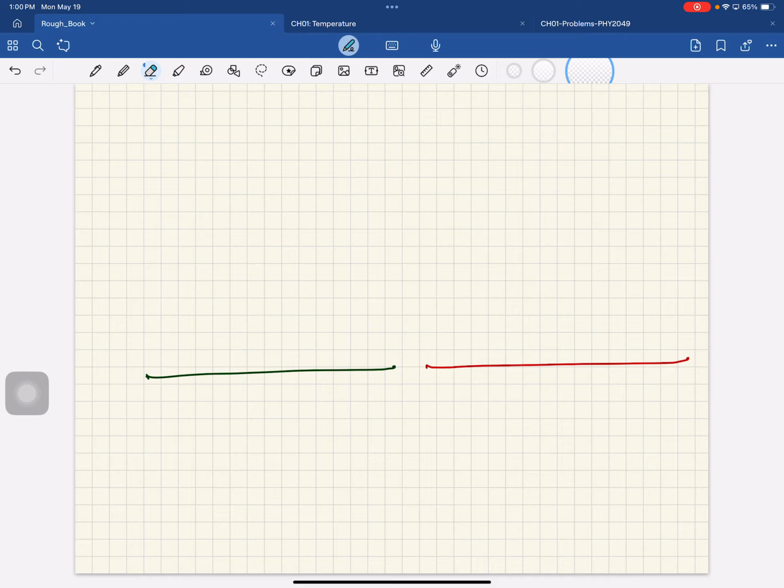This is a grassy area. This is asphalt, so a Walmart parking lot. Equal amounts of sunshine are falling on both these patches.